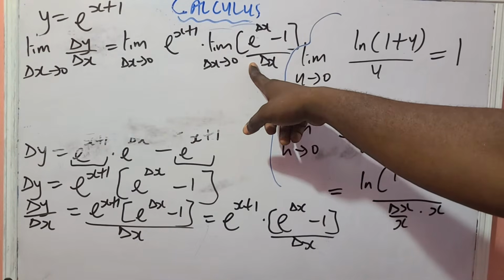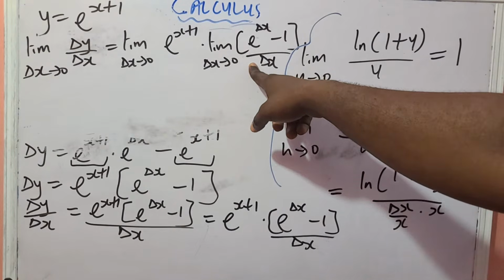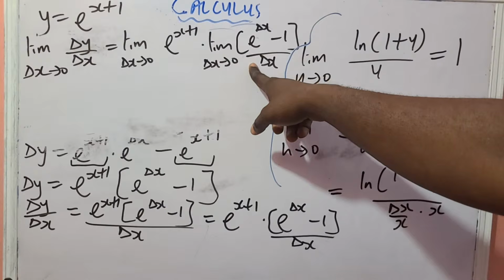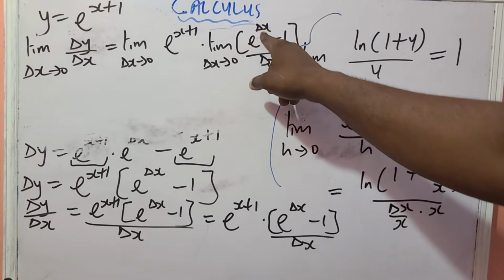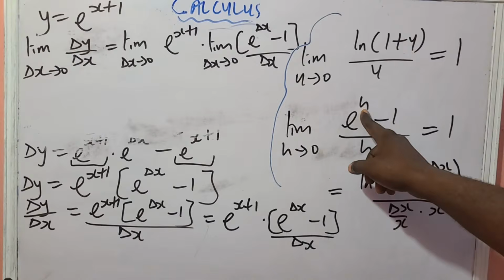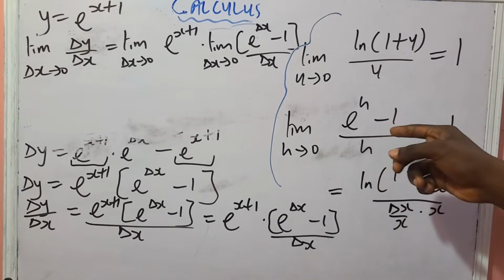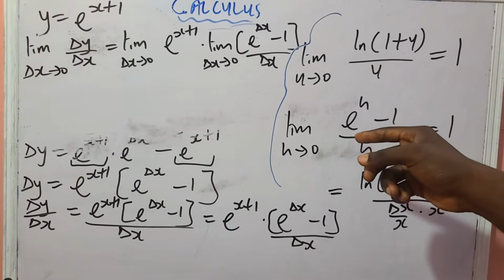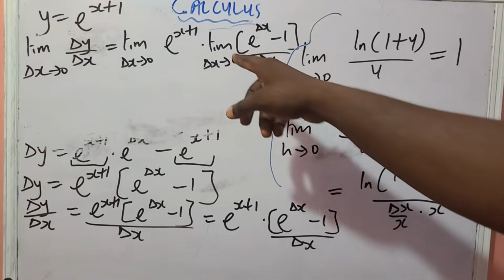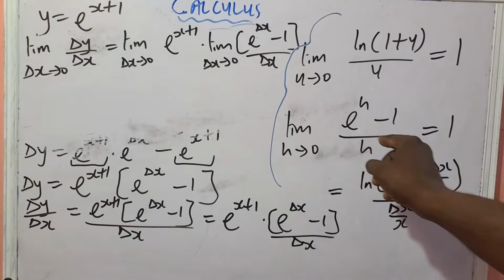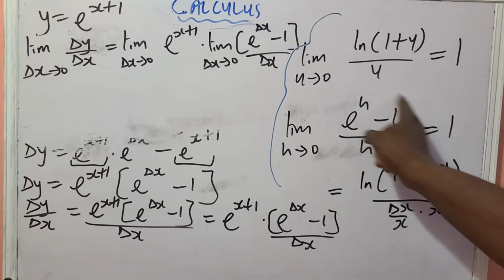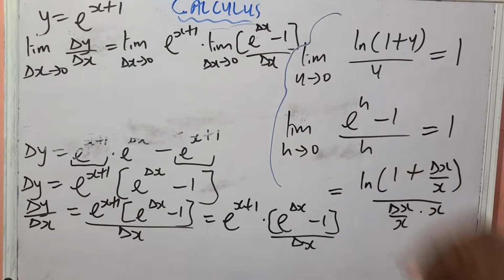That's what's happening right here. Now, of course, it doesn't have to essentially be h. It could be any other letter. So taking this as h, of course, you can see that all this will turn to 1.